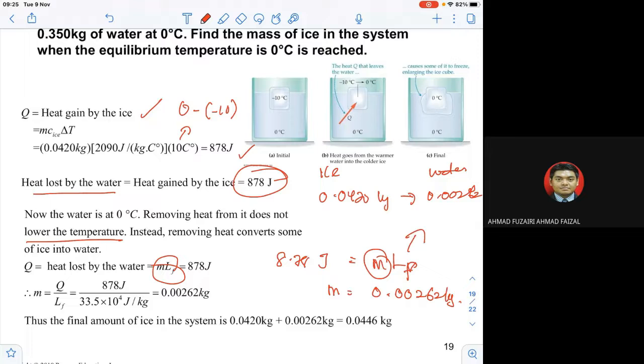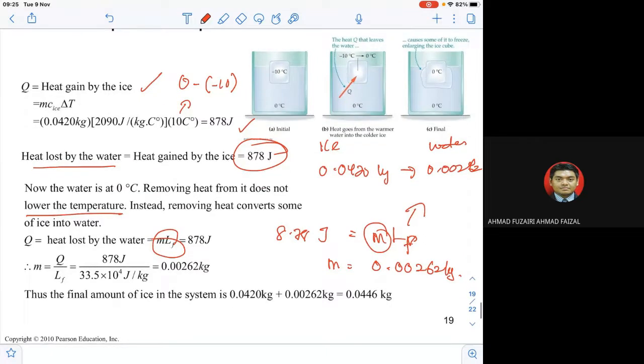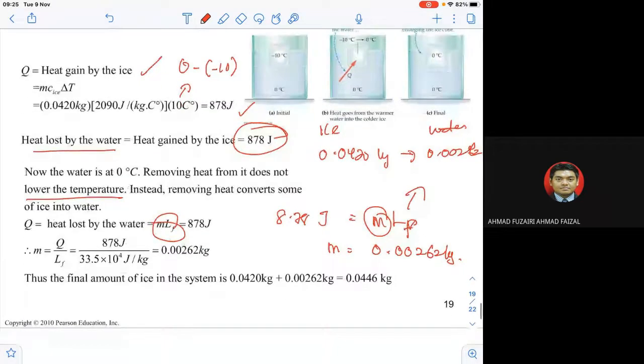When you add up the value, the final amount of ice will become 0.042 plus 0.00262. The answer is 0.0446 kilogram. You need to do it carefully because it involves a lot of decimal points.